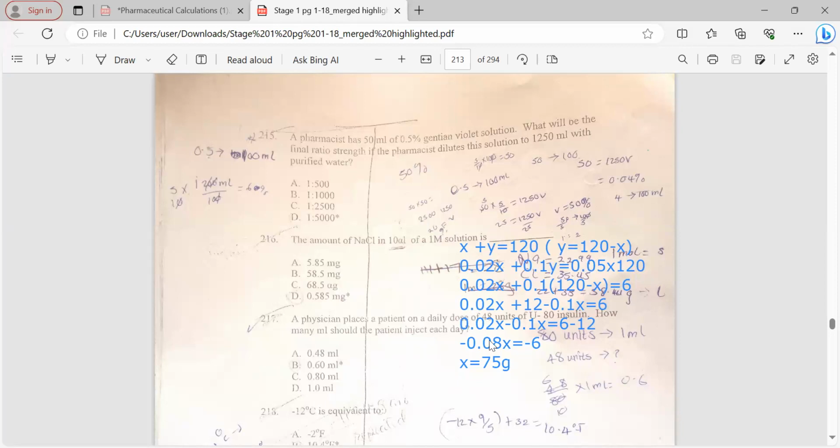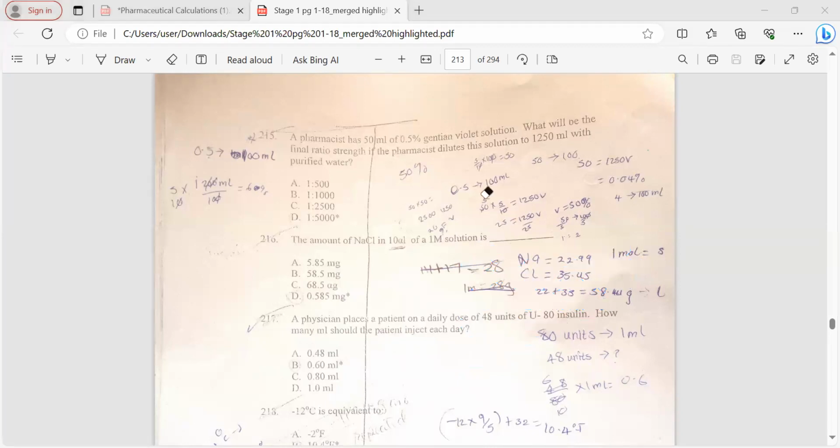Vanessa Rafin, what did you say about that 50 ml? We do that one question only and then we go for lunch, don't worry. So what I'm saying is, 0.5% means this gentian violet has 0.5 ml in 100 ml of the solution, right?